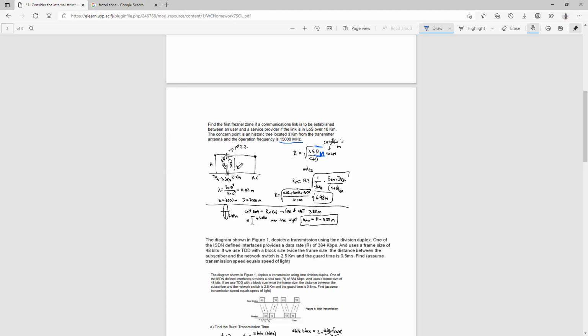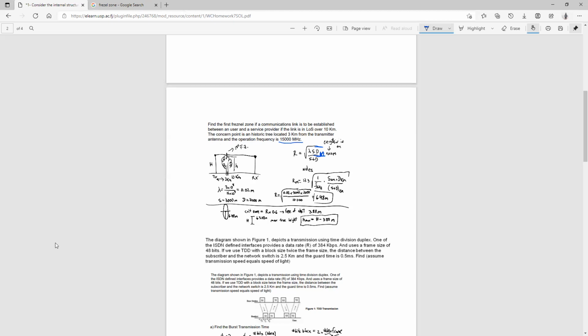Our h is actually not given, so we have to find the maximum height of this tree before it starts to cause major disruption of the signal, before it starts to cause errors in the signal. So we have to determine the height of this particular transmitter and the receiver, right?